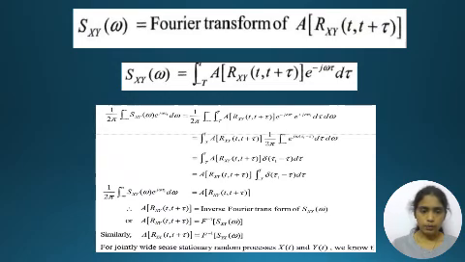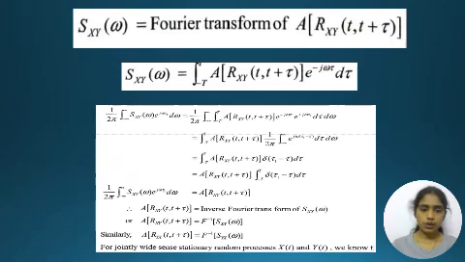So 1 by 2 pi integral from minus infinity to infinity Sxx of omega into e power j omega t1 d omega, and A of Rxx of t comma t plus tau equals the inverse Fourier transform.